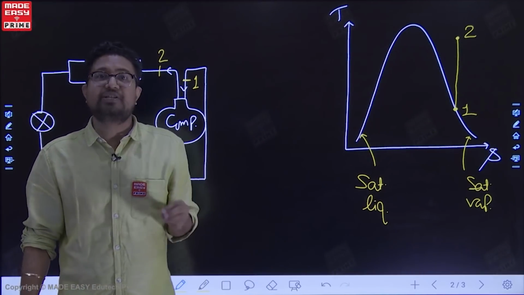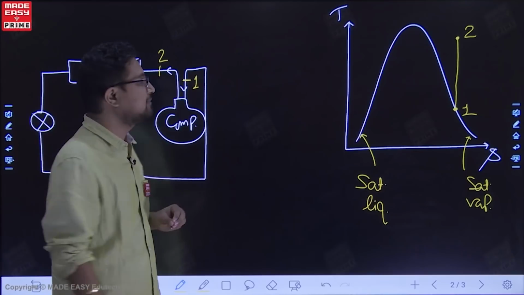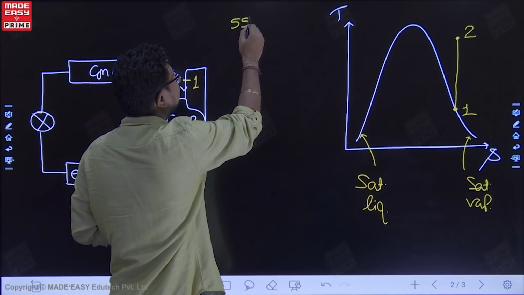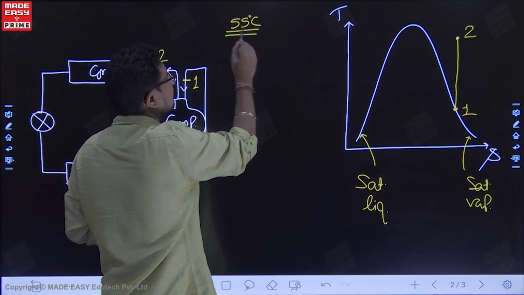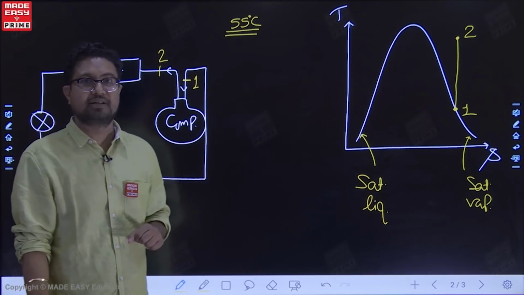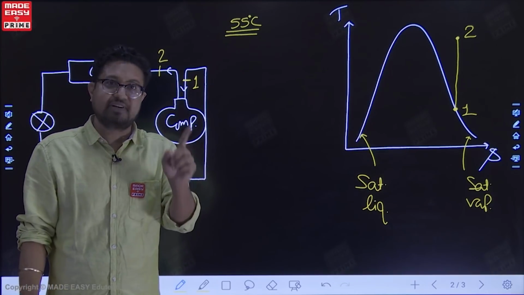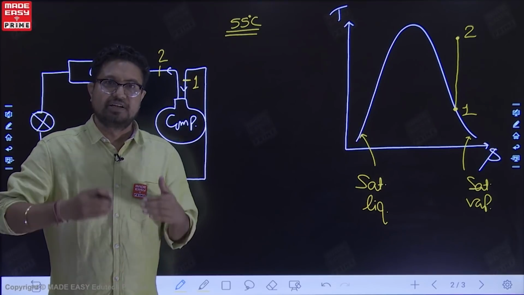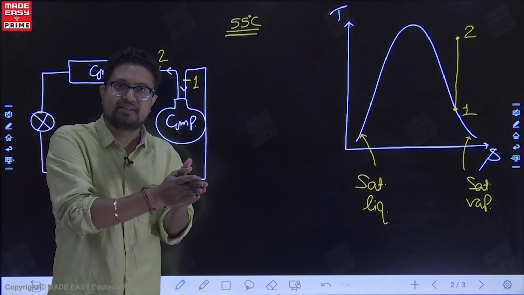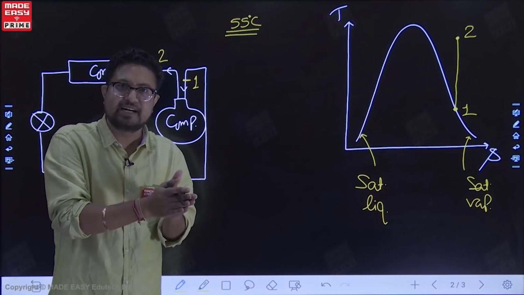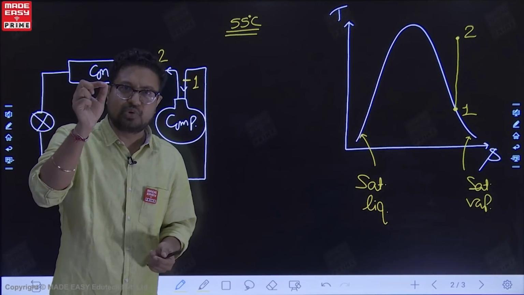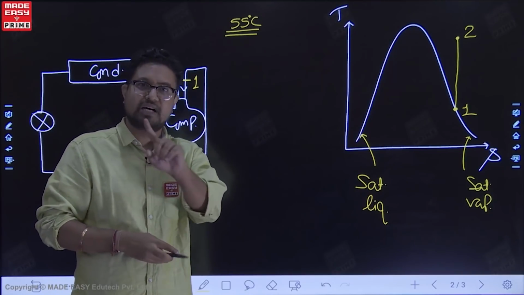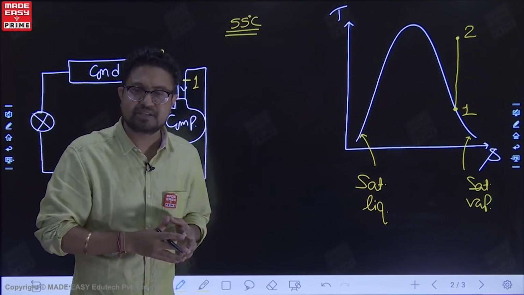So the refrigerant which you are using, you will see, for that refrigerant to change phase at 55 degrees Celsius, at what pressure does the refrigerant change phase at 55? Like water, if you want to reject heat at 100, steam H2O should be brought at 1 atmosphere, because corresponding to 1 atmosphere, 100 degrees Celsius is the phase change temperature.